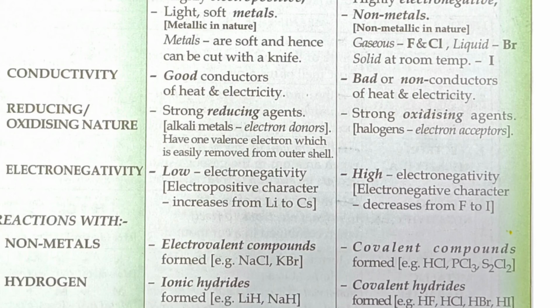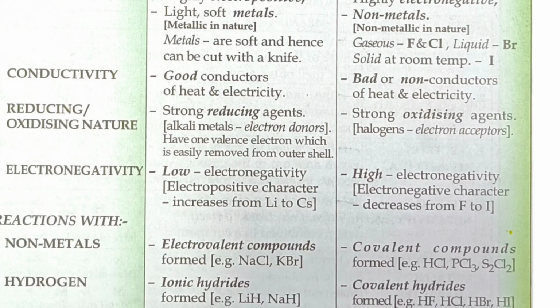Electronegativity: alkali metals have low electronegativity because these are electropositive elements. Electronegativity increases from left to right of the periodic table. In the case of halogens, electronegativity is high, and electronegativity decreases from top to bottom.